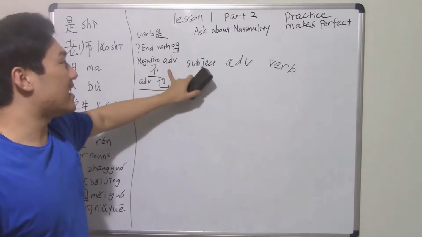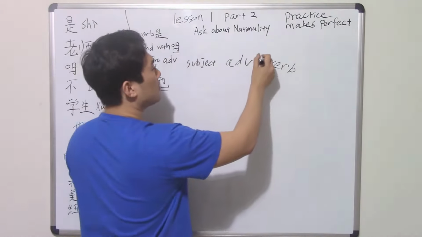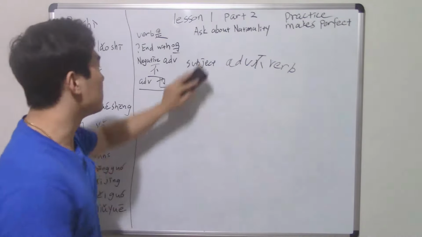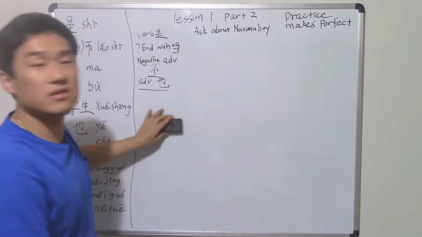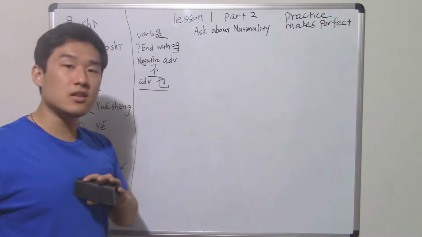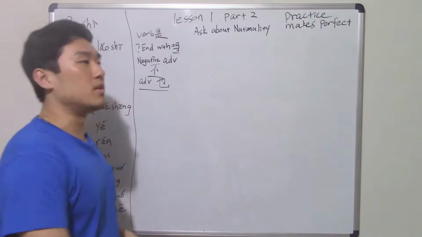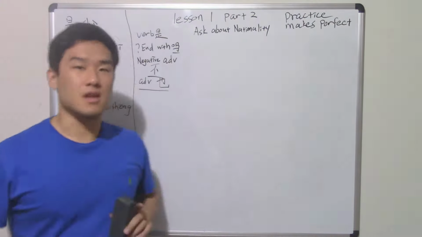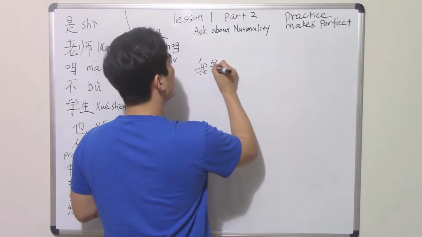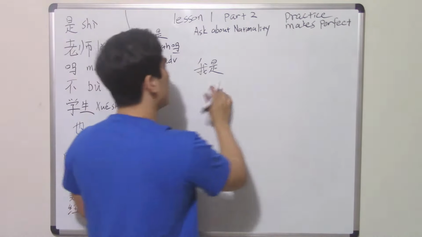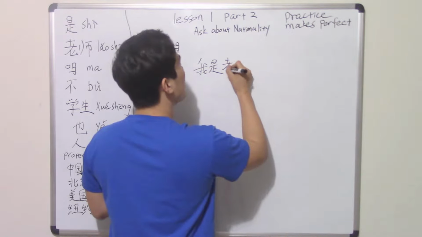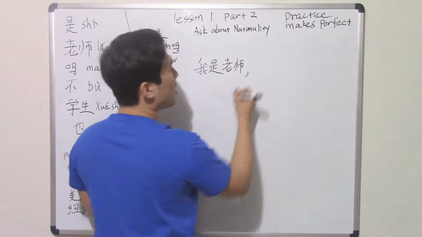And then if you want to make a negative, you put 不 here, okay? To demonstrate, 也 means also. If I say, I'm a teacher, you're also a teacher, it will be 我是老师，你也是老师. So 我是, remember, 是 is am, is, are. 我是老师 and then comma.